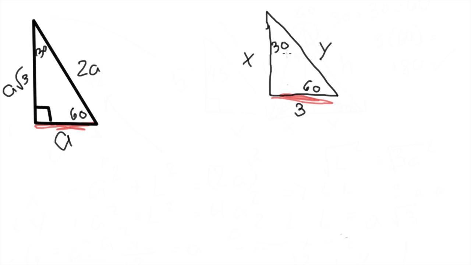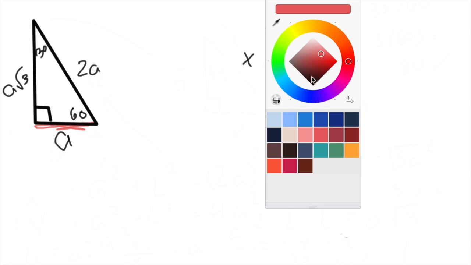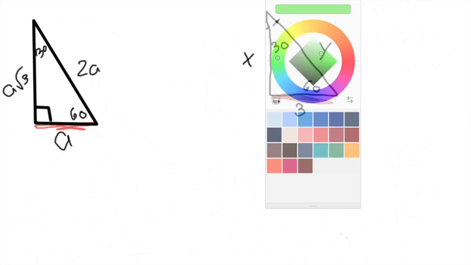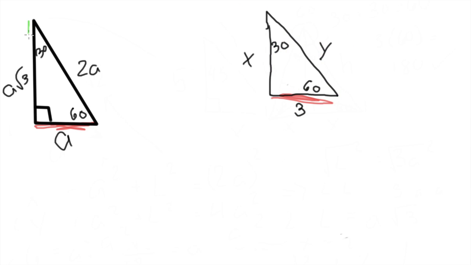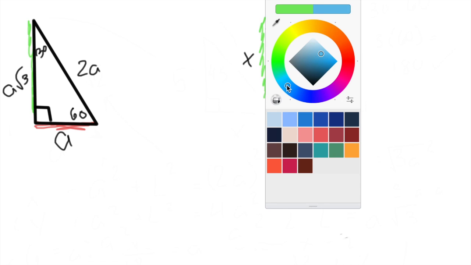Because both these sides are across from 30s. I'm going to make this side over here a greenish color, because both of these sides are across from 60s, and the hypotenuse I'll make a bluish color.